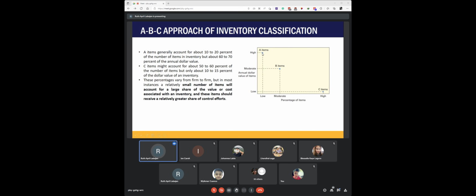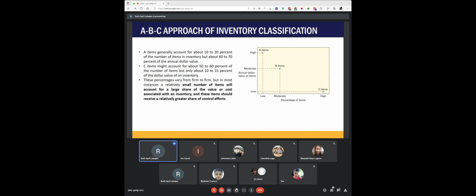It depends on the company whether it's 10%, 15%, 20%, but it falls in the range of 10 to 20%. Okay, then C items are usually around 50 to 60%. There are more types of C items.